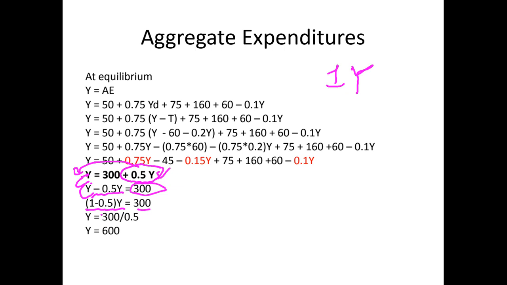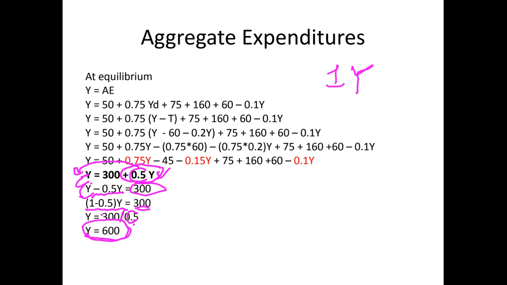Don't get confused. This 0.5 is not that 0.5, because when you subtract 1 minus 0.5, that is why you get 0.5 here. And then y equal to 600. So this is the equilibrium level of income, that is $600 billion or $0.6 trillion.